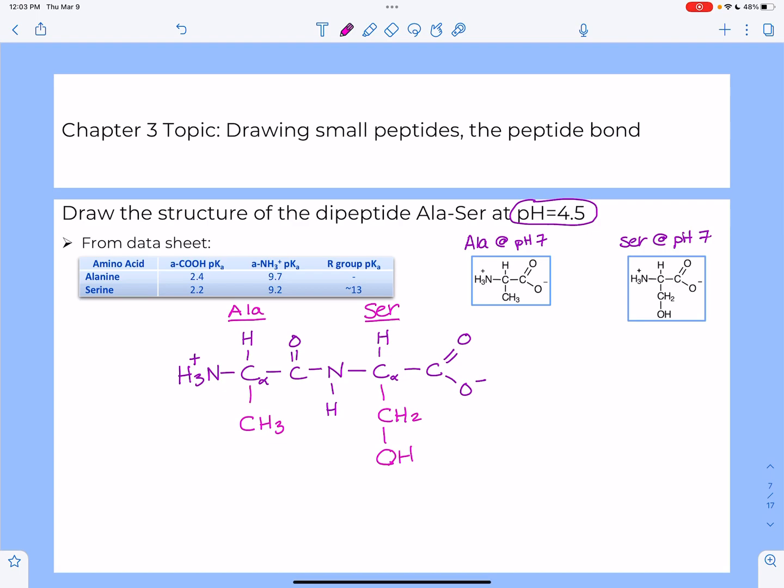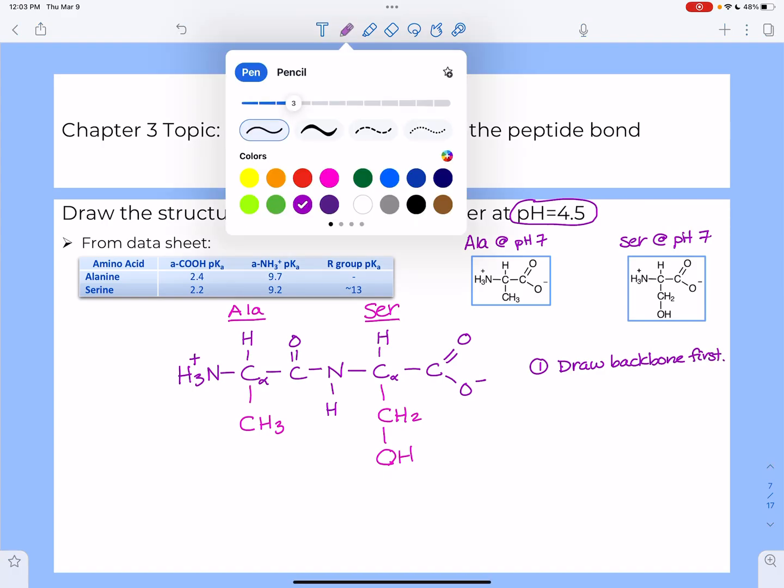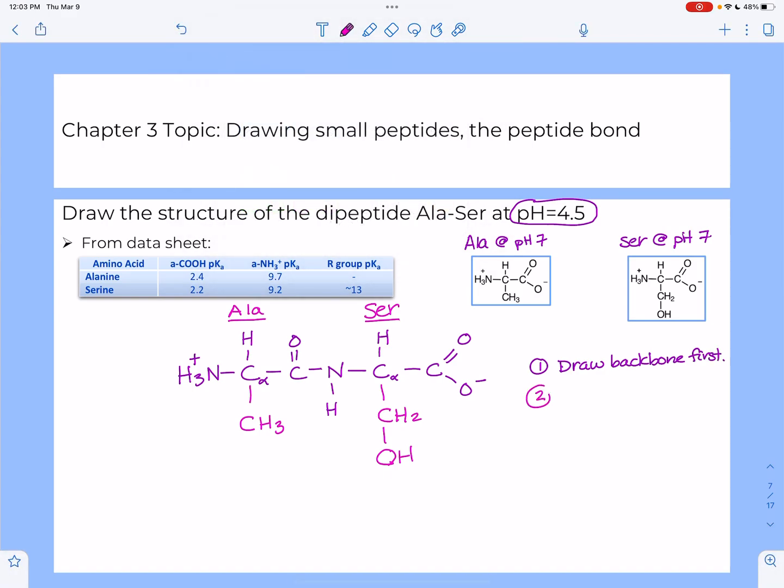All right, so the last thing to do, let's write in our steps. 1, draw backbone first. Part 2 is draw side chains.